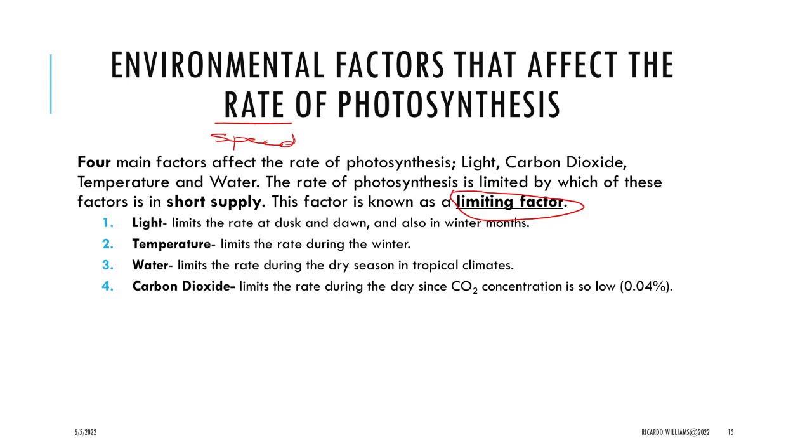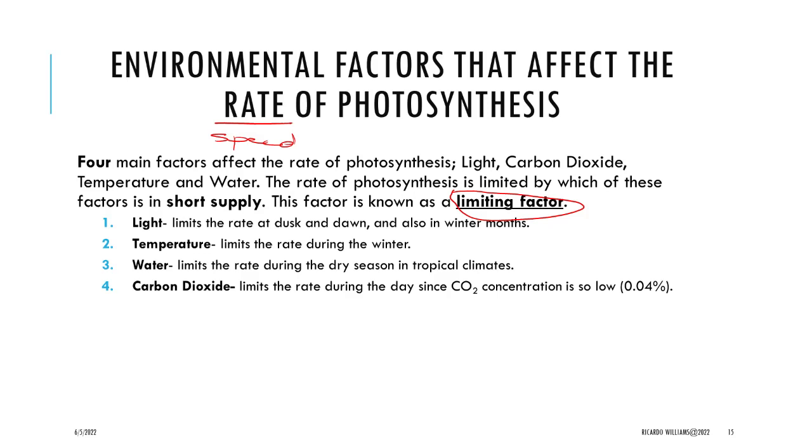But if you find starch, then it means that the leaf is photosynthesizing. We already know the conditions and the raw materials needed for photosynthesis to occur. The first one is light, second temperature, third water, fourth carbon dioxide.